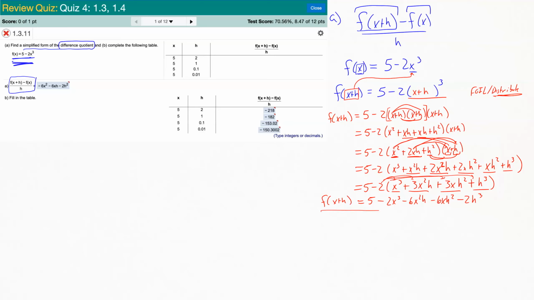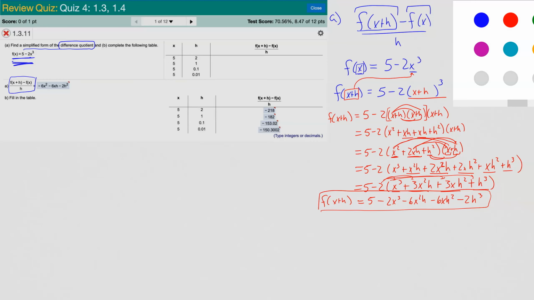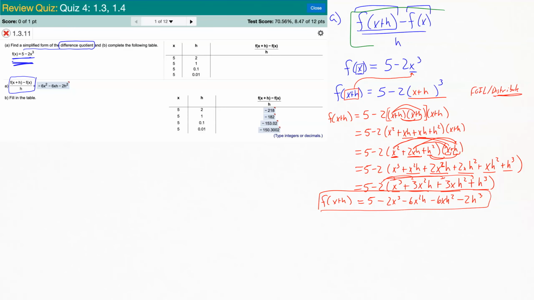So we did all that work for this equation right here. But the real thing that we've been trying to do through this whole process is to plug everybody into this difference quotient back at the beginning. So we'll go ahead and start plugging everybody into our difference quotient right now. That was the real kicker here. So f of x plus h minus f of x all over h.